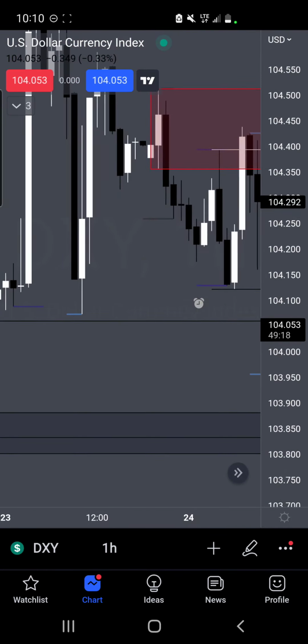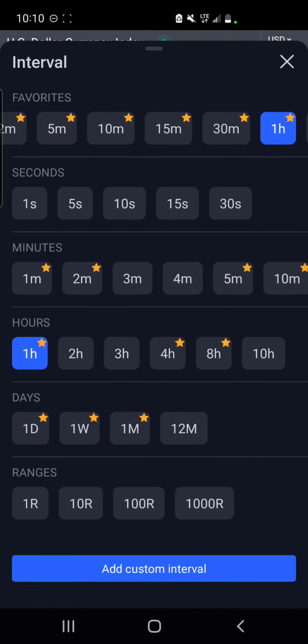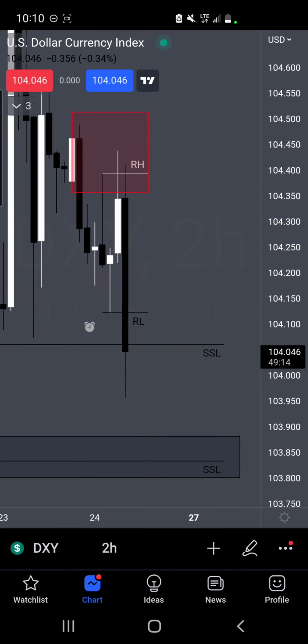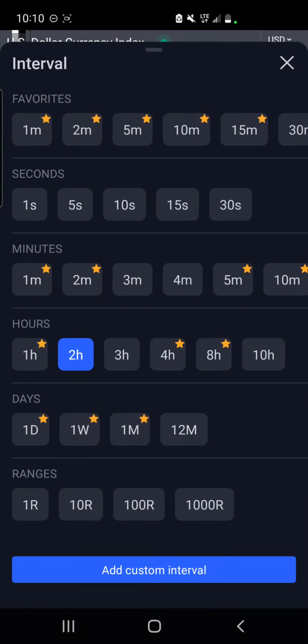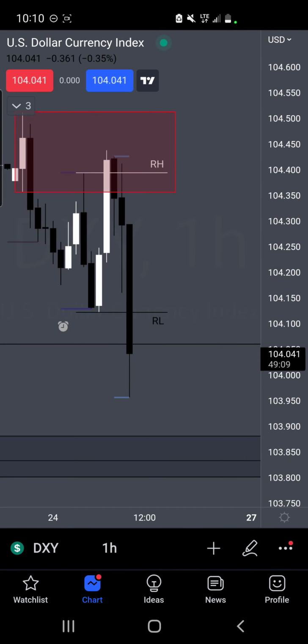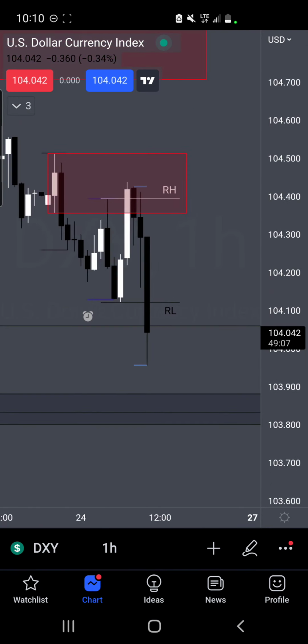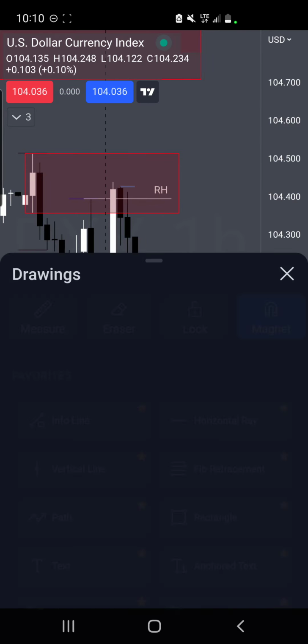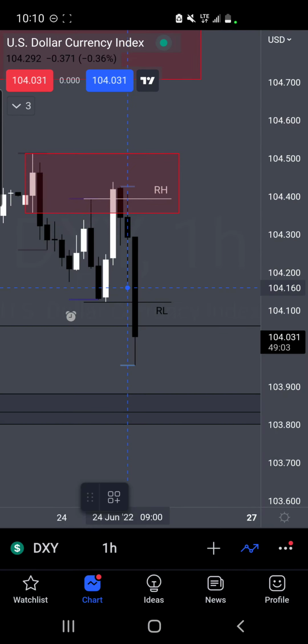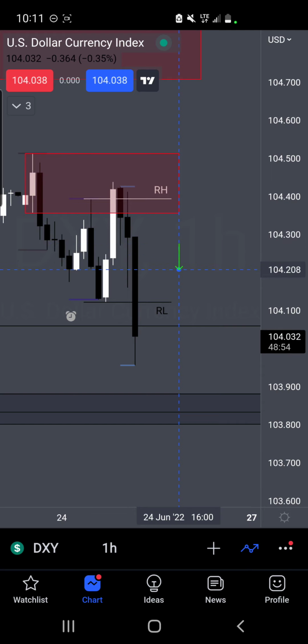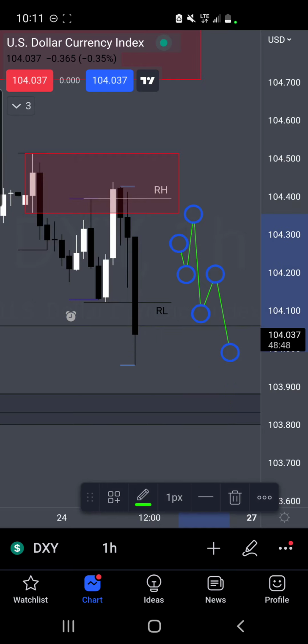And now we have the forming of a 1 hour potential breaker on the dollar. Why is that? Because the bullish one was the low, the high, lower low, higher high, retrace. This one is a high, a low, a higher high, a lower low, retrace, and then lower.